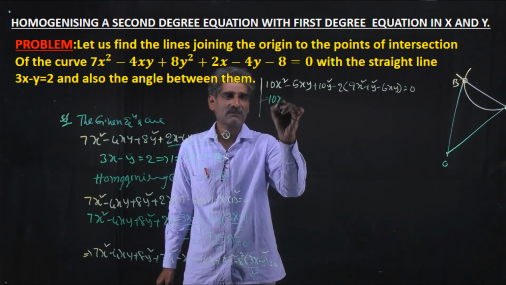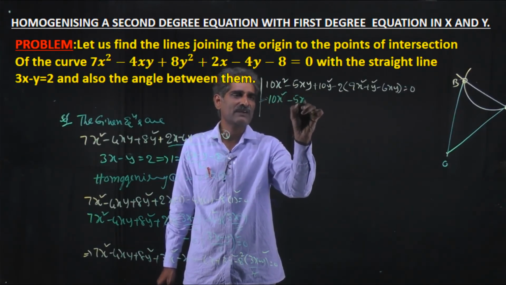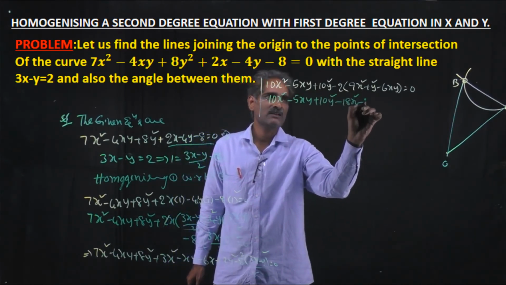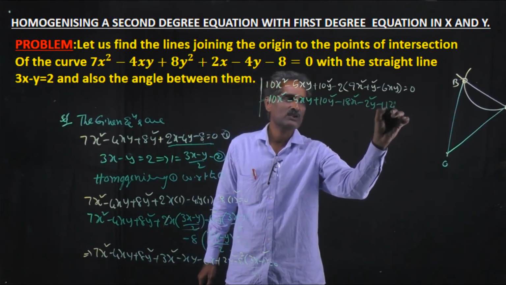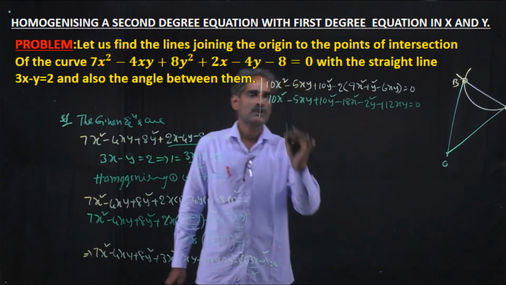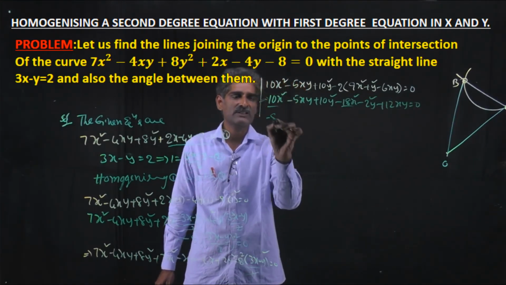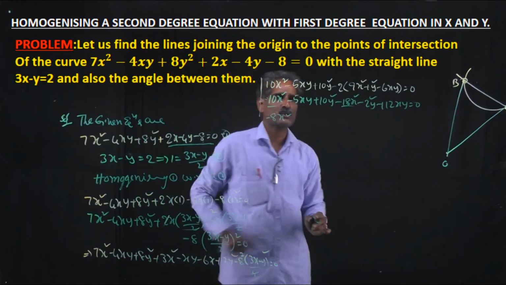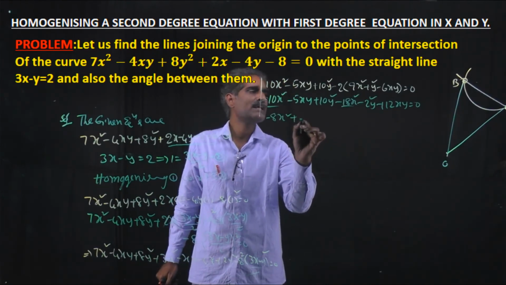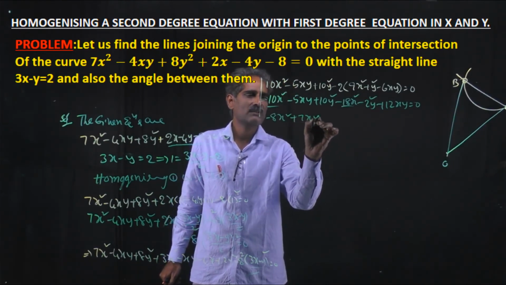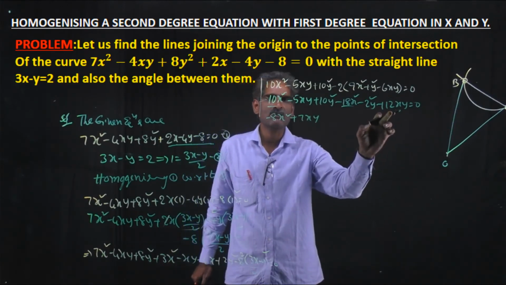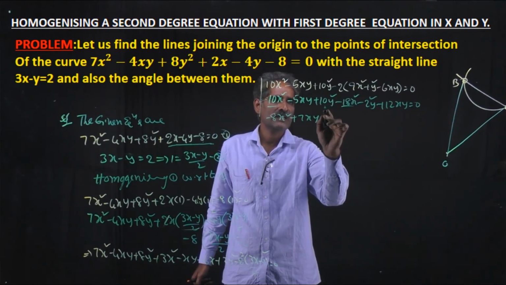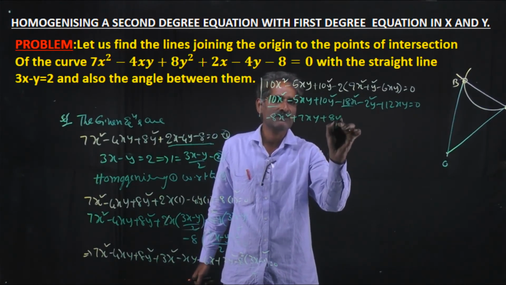10x square minus 5xy plus 10y square minus 18x square minus 2y square plus 12xy equal to 0. So 10x square minus 18x square, minus 8x square; minus 5xy plus 12xy, 7xy; 10y square minus 2y square, 8y square.